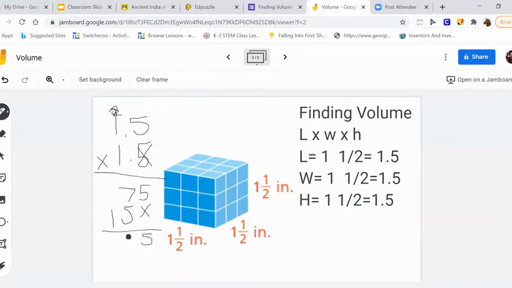This is a 12. I'm running out of room. So I have 2 numbers behind the decimal here, so it's got to go here. And now I need to multiply this by 1.5. So I'm going to go ahead and erase this so I have some space.